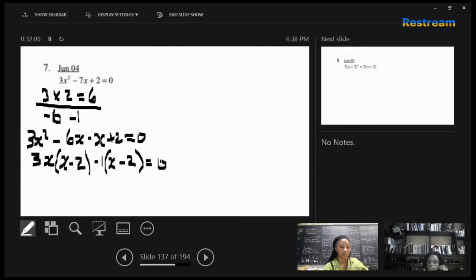Equals 0. So we're going to have our two pairs of brackets: 3x minus 1 in one bracket and x minus 2 in the other bracket equals 0.